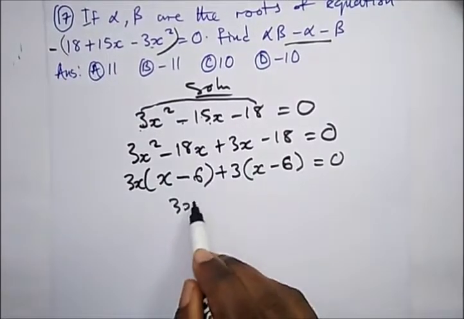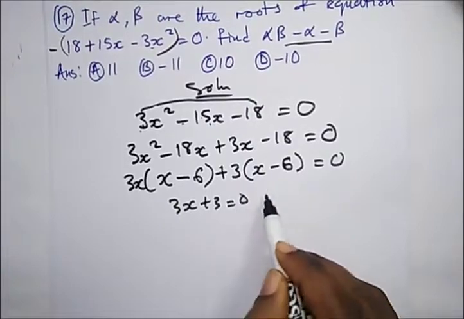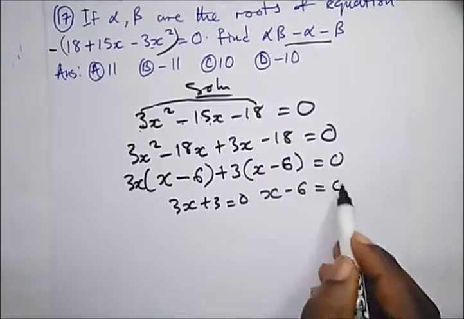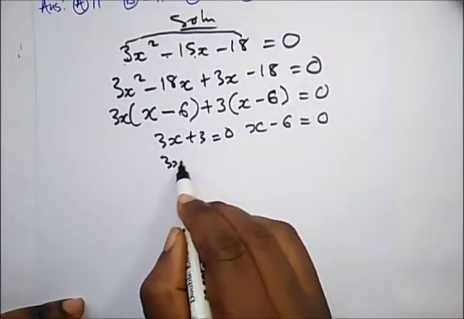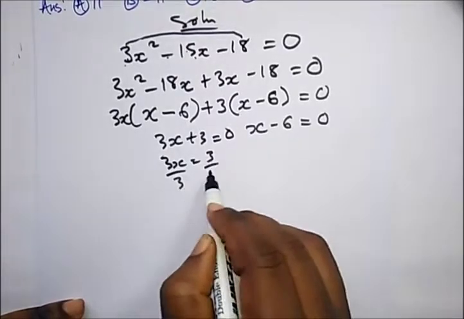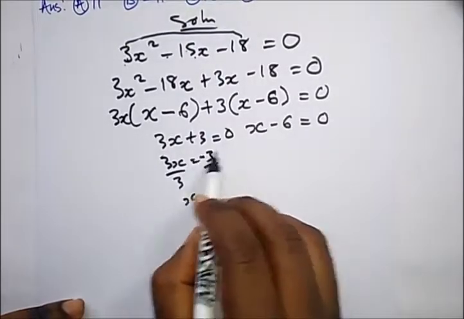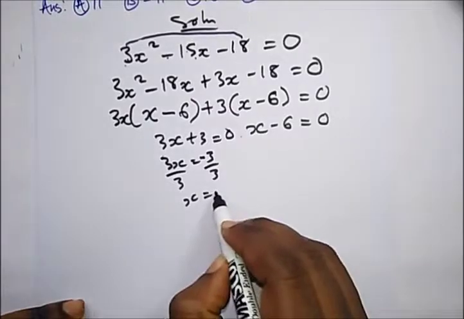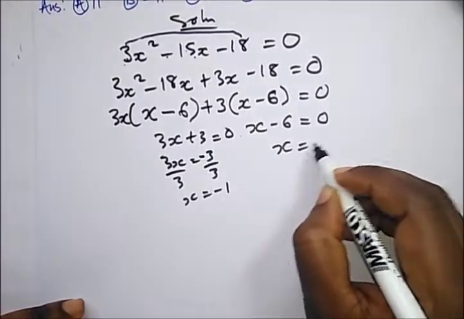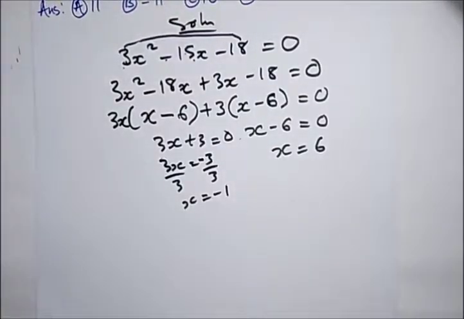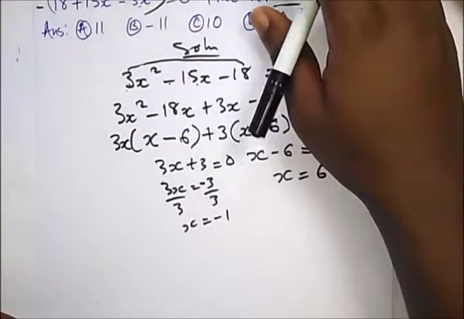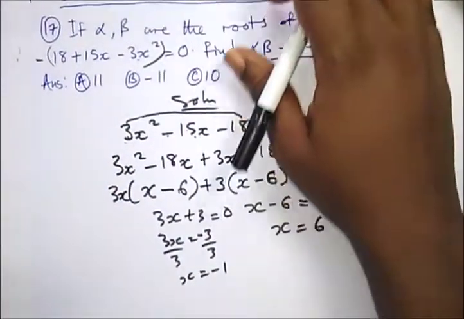So here we have 3x plus 3 equal to 0, and x minus 6 equal to 0. Where we have 3x equal to minus 3, divided by 3, x is minus 1, and here x is equal to 6.